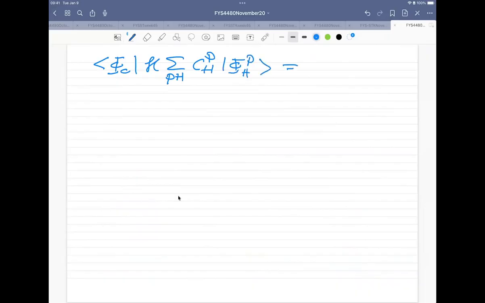And this is something we want to put equal to phi 0 multiplied with E0, and then we have the sum over these particle-hole states, C HP, multiplied with phi HP here. We did this actually back in September, but I'm going to repeat it because we want to link with coupled cluster theory.